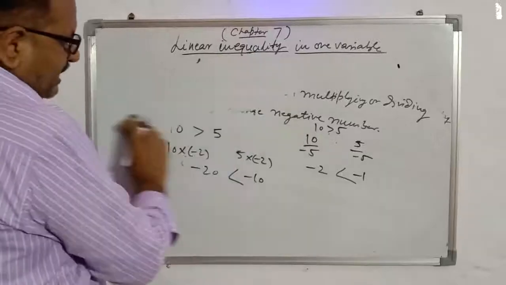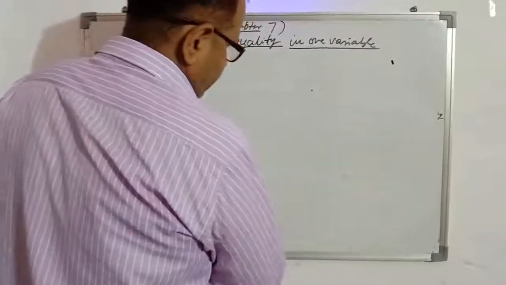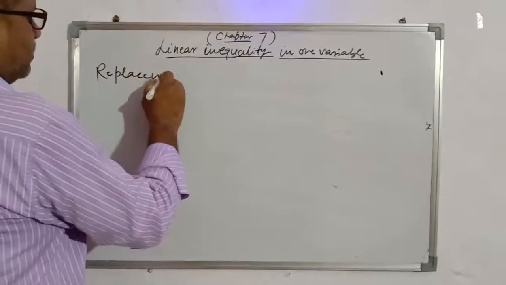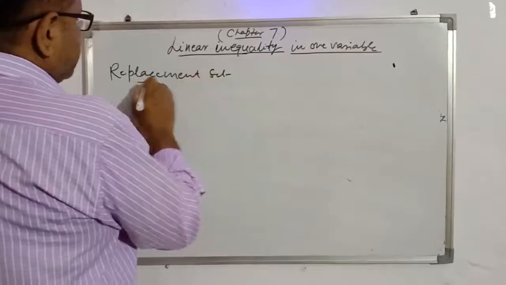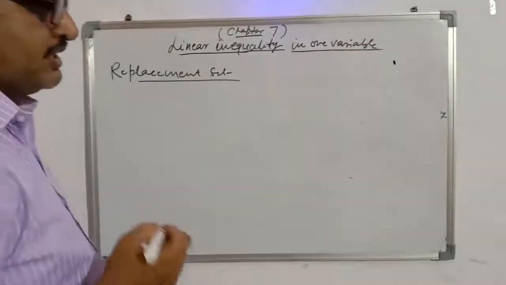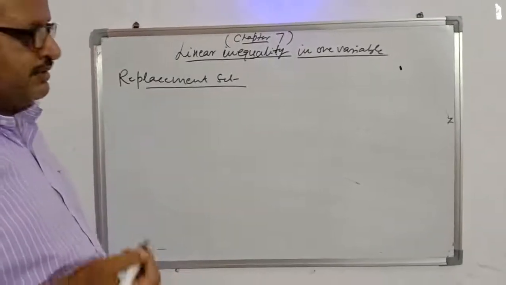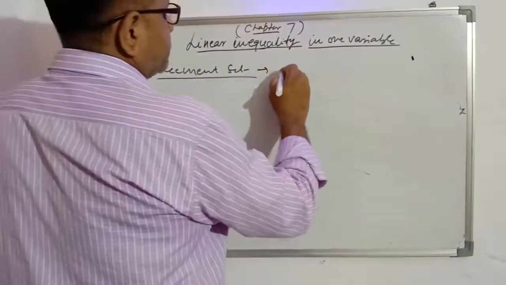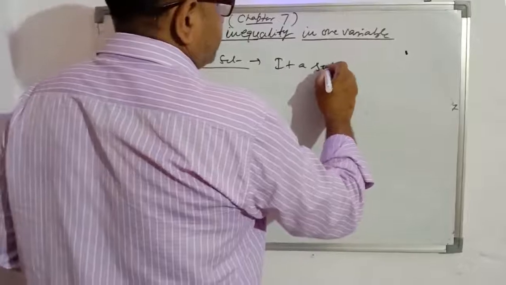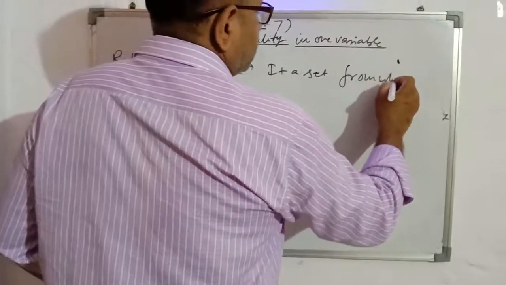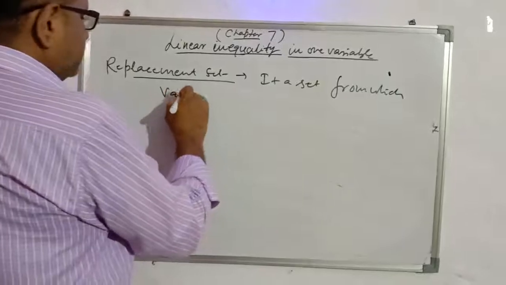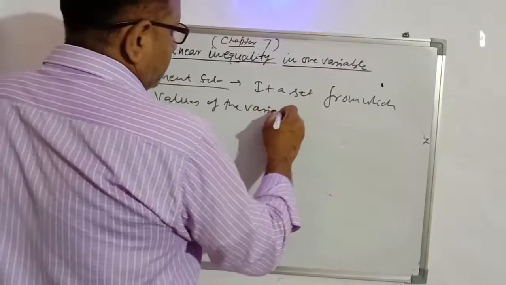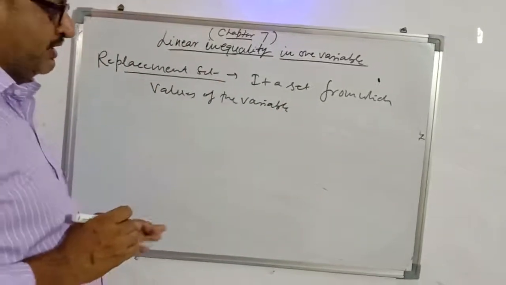So it is the property of inequations. Next point is replacement set and solution set. So what is a replacement set? It is a set from which we can take the values of the variable, meaning the variable involved in the inequality.